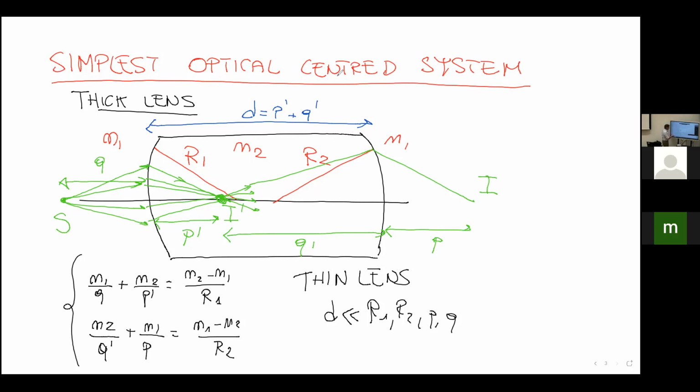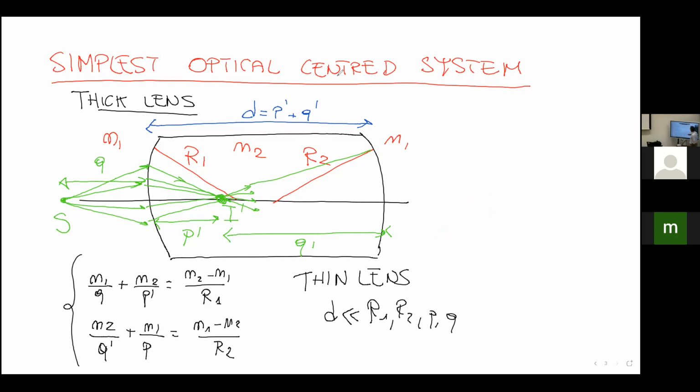Okay. Now, what does it happen if you go to the thin devices limit? You look here. You understood the sketch, no? We can take these two equations.